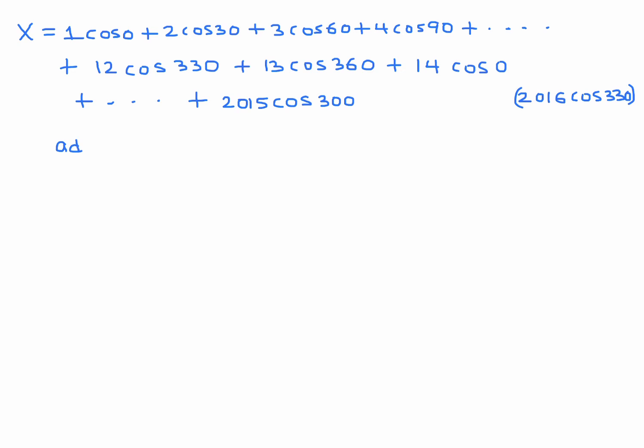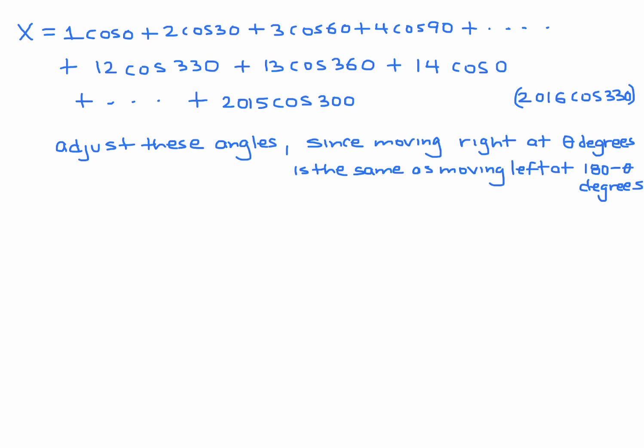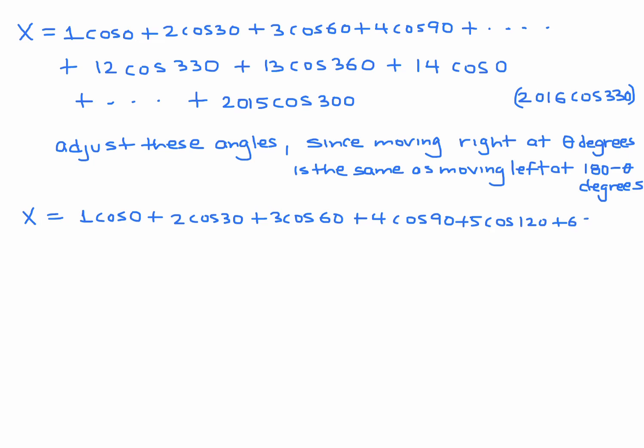Now what we have to do is we have to adjust these angles. When you move right at theta degrees, it's the same as moving left at theta minus 180 degrees. So all of these can be adjusted as follows. We can keep the 1 cos 0, 2 cos 30, 3 cos 60, and all those guys, right? 4 cos 90, and so on. We can keep 5 cos 120, 6 cos 150.